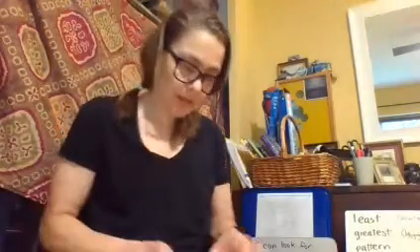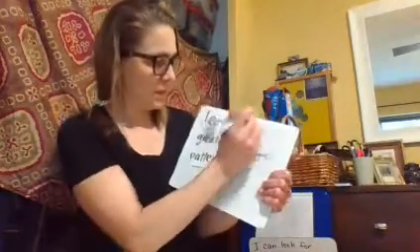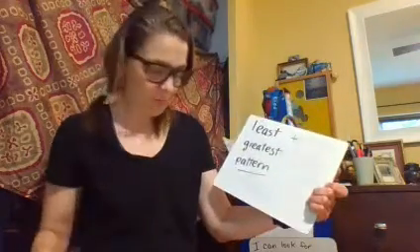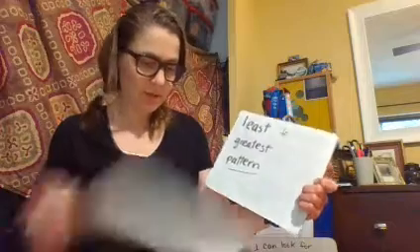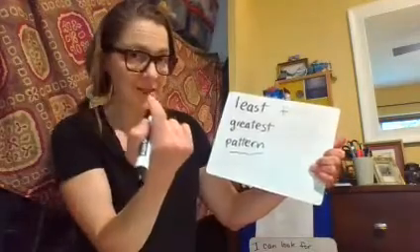So when you are organizing numbers in order from least to greatest, or from greatest to least, with minusing: when you're doing least to greatest, you are increasing, you're plussing, you're adding.